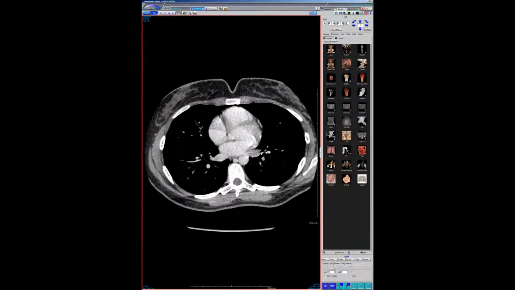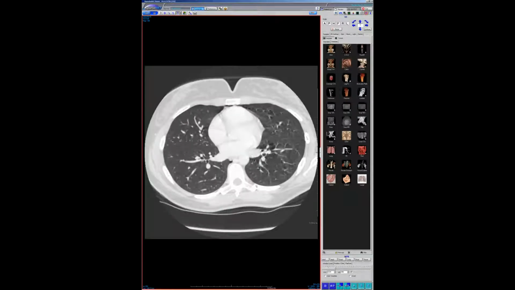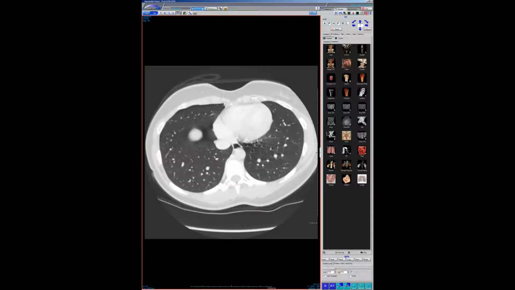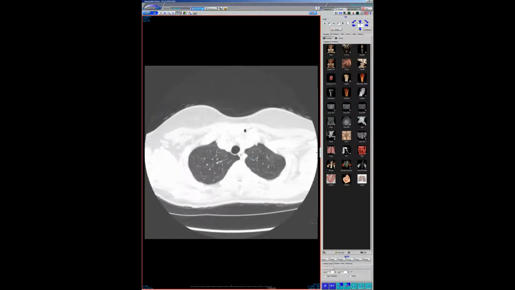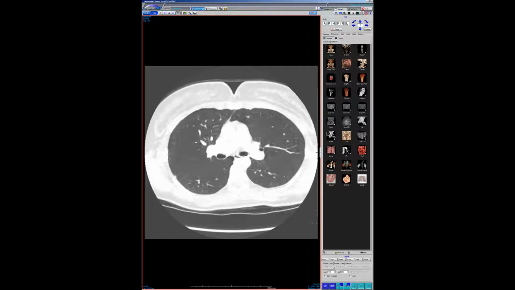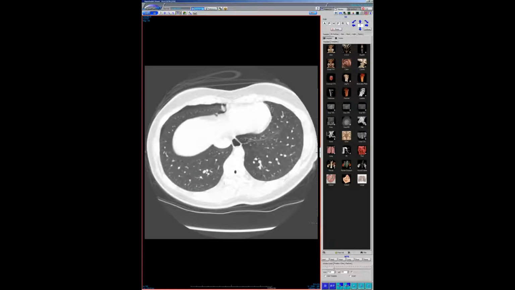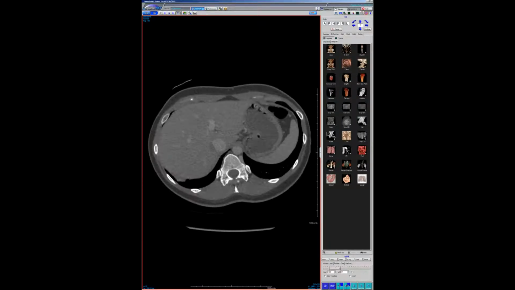So let's see. Oh, this is one of my more favorite cases I've seen in the last little while. So this was a young girl who had chest pain and came in with a small pneumo, and then these masses here on the pleural space.